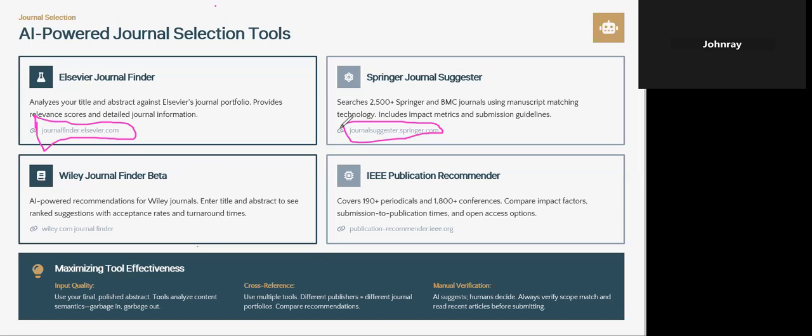So these tools help you to find a journal. It's not always accurate, but on average, it will give you most of the journals that will be best and suitable for your paper. I've tried a few of them, and they are very good.